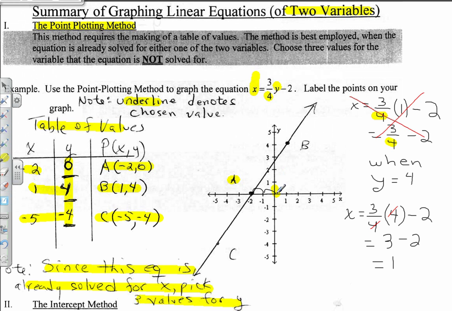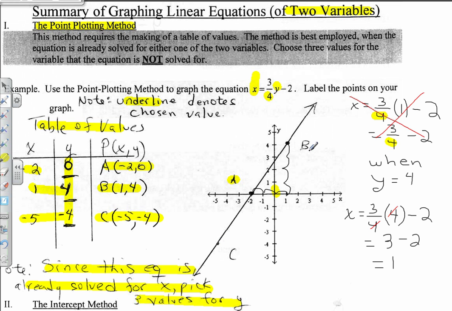So I start here, go 1 unit to the right, and then I'm going to go 4 units up. 1, 2, 3, 4. There's point B. Similarly, for point C, I start at the origin, and I go 5 units to the left. 1, 2, 3, 4, 5. And then I go 4 units down. 1, 2, 3, 4. And there's point C.